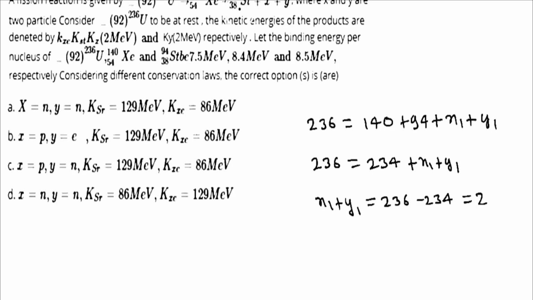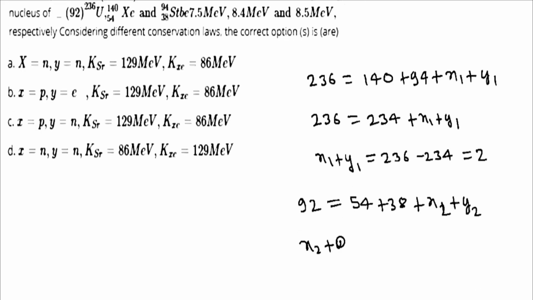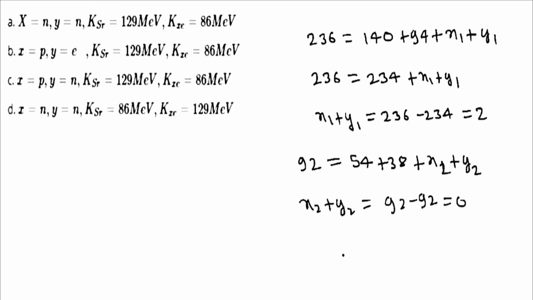Now from atomic number conservation we can write 92 is equal to 54 plus 38 plus X2 plus Y2, where X2 and Y2 are the atomic numbers of X and Y. So X2 plus Y2 is equal to 92 minus 92, which is 0. Now the sum of the mass numbers of X and Y is 2, and the sum of the atomic numbers is 0.